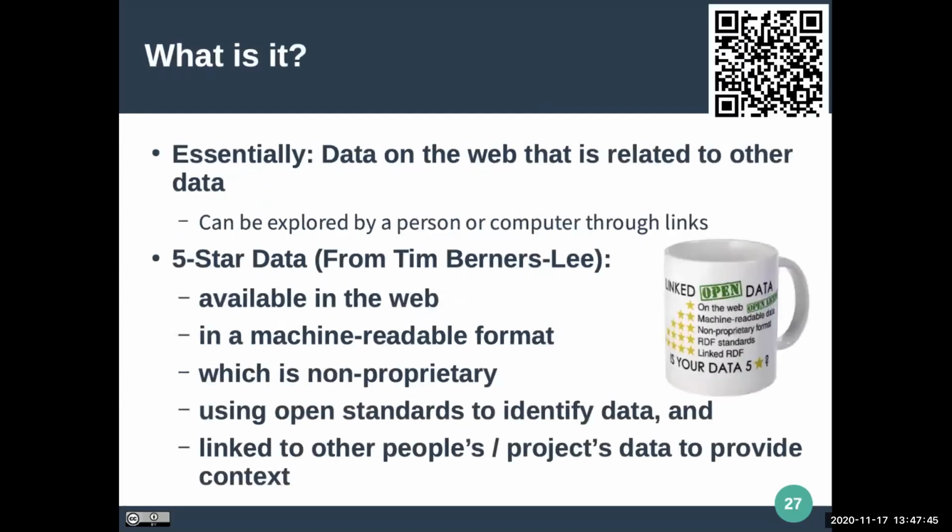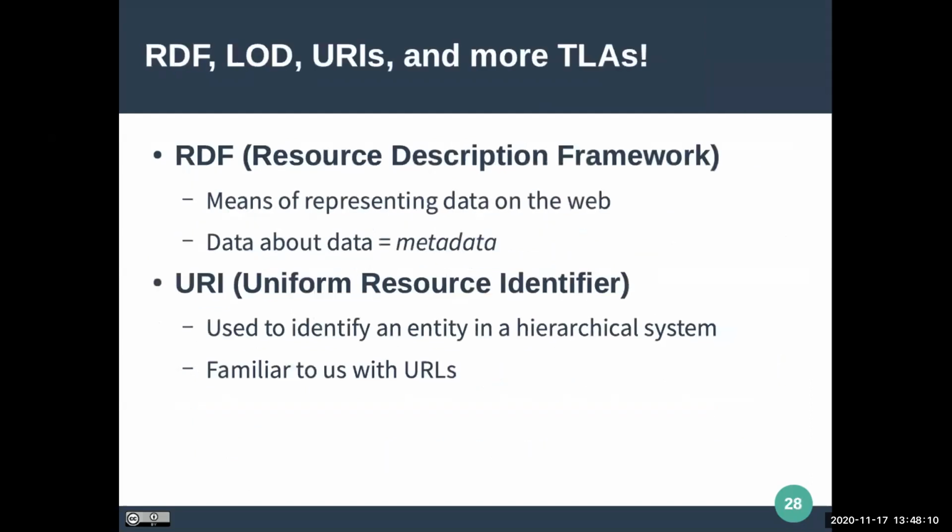I'm not going to go into too much detail, but the idea of linked open data is that it's available, you can read it on a machine, and it's in an open format so that anyone can use it, with open standards, and that you link to each other. This is called 5-star data, and it's what we're all trying to strive for. Only within the last 3 or 4 years have we built the infrastructure to actually do this, and that infrastructure is based on something called RDF.